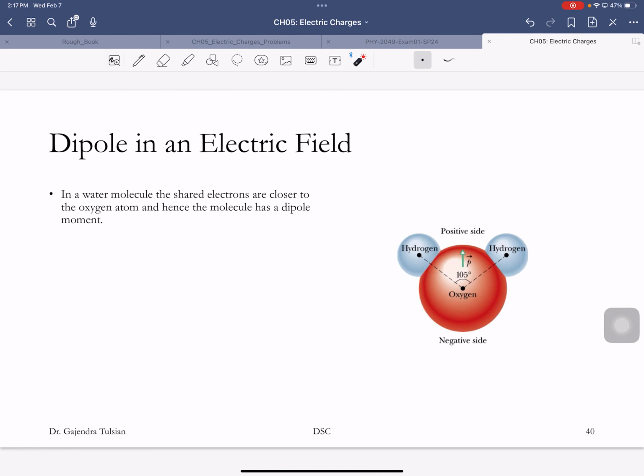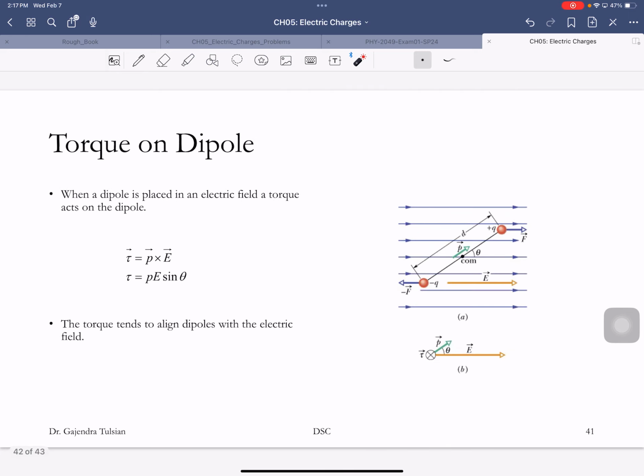So here is the famous water molecule with a dipole moment. And here's something very important that you learn. Here is an electric field, there is the dipole moment. I'm going to draw a simplified picture.